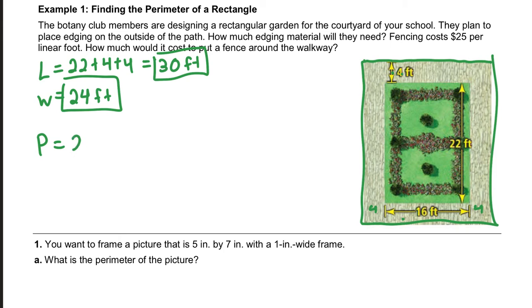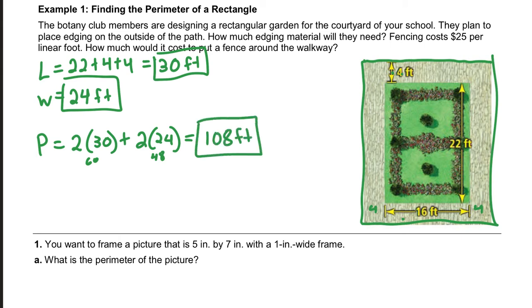So I'm going to take 2 times the length plus 2 times the width. So it's recognizing we're finding perimeter, and it's recognizing that this is a rectangle, so you go back to the formula and you work out the formula from there. So that would be 60 plus 48, which would be 108 feet. That's the unit for perimeter. Units for perimeter is just feet, right, for this example.